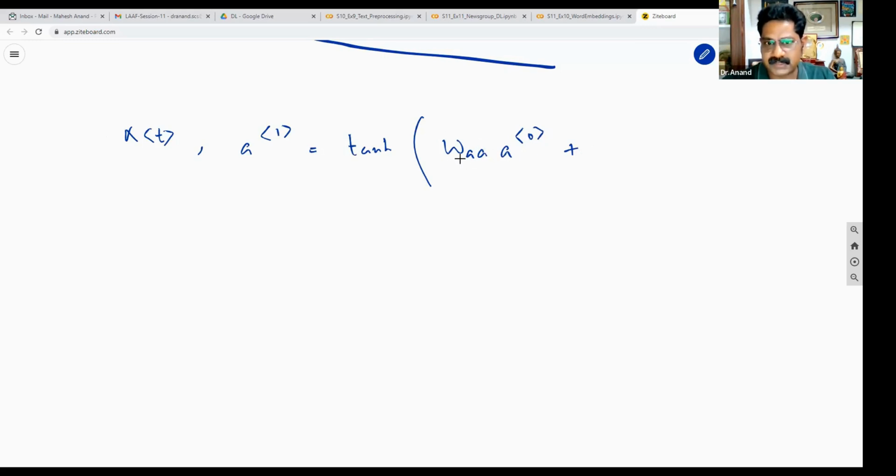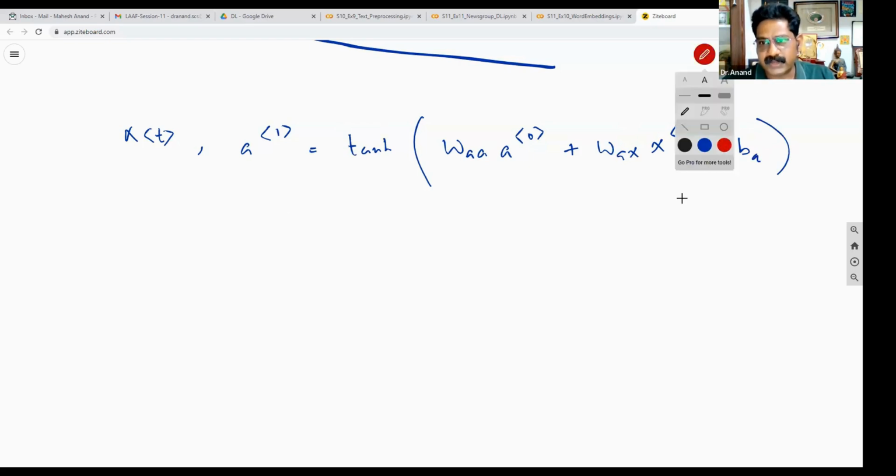The general representation is WHH, which we have used, but I'm using the more literature-style representation here, so you can easily understand. I'll tell you a logical way to understand this equation. Plus WAX times x of t, plus this is the bias attached in calculating the A.